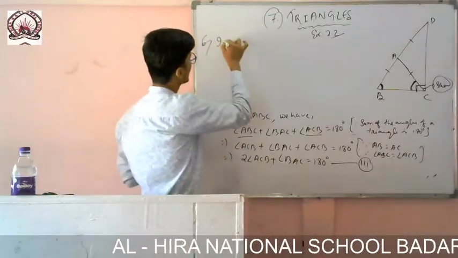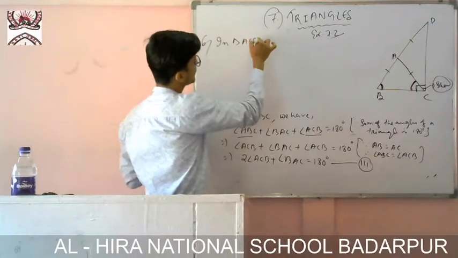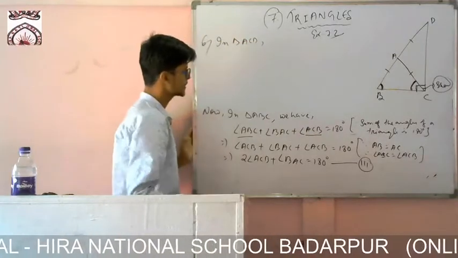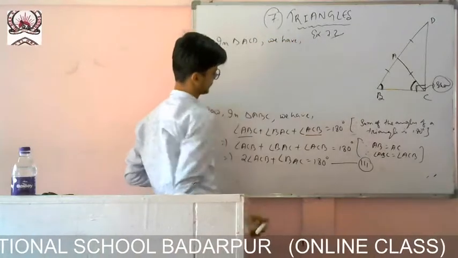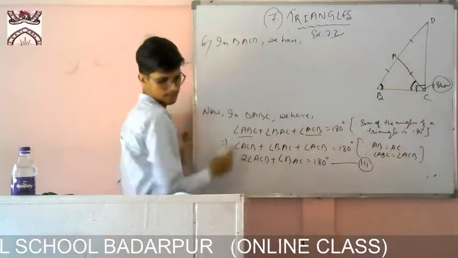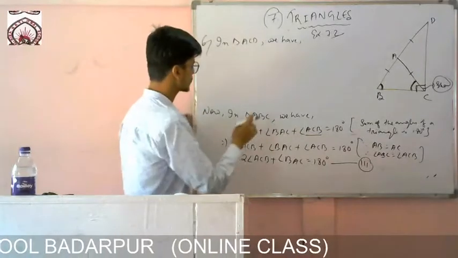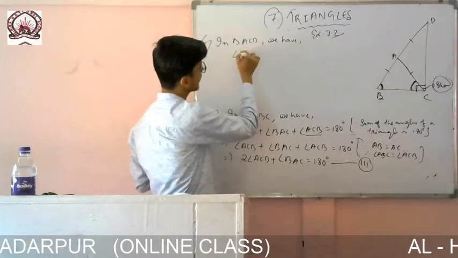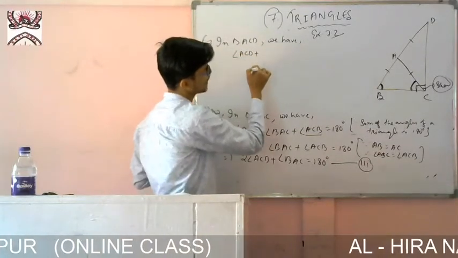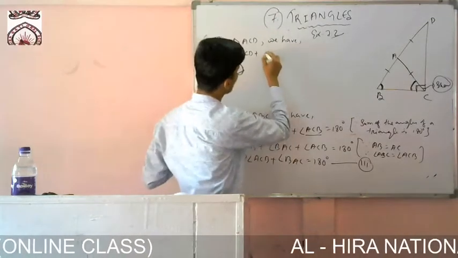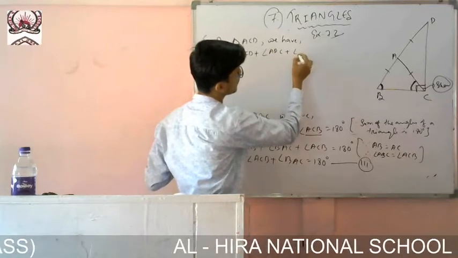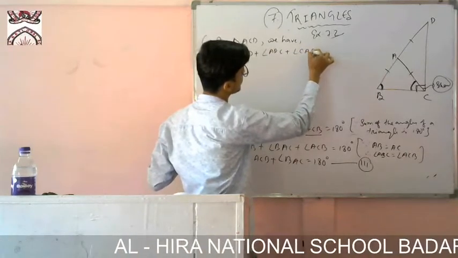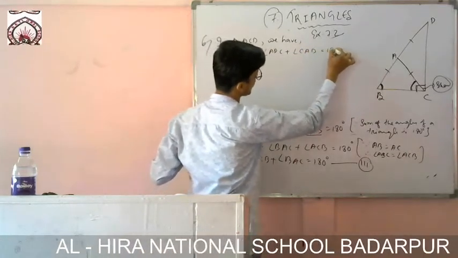In triangle ACD, we have similarly angle sum property. I will write angle ACD plus angle ADC plus angle CAD equals to 180 degree.